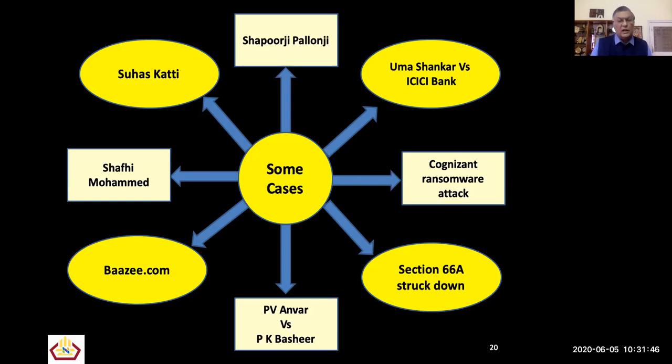This was the case of an IIT Kharagpur student who posted an obscene video as a saleable item on Bozzy.com, a peer-to-peer e-commerce website, and he sold it to 7-8 people. The police said, you are publishing and distributing obscene material in electronic form, which is an offense under section 67 of the Information Technology Act, and therefore he was arrested.